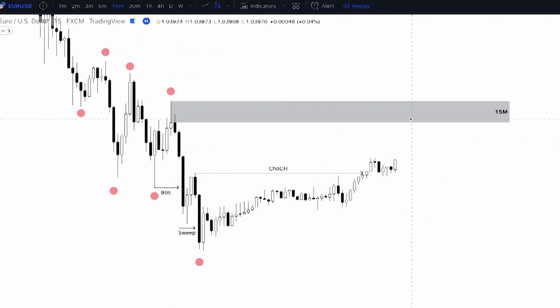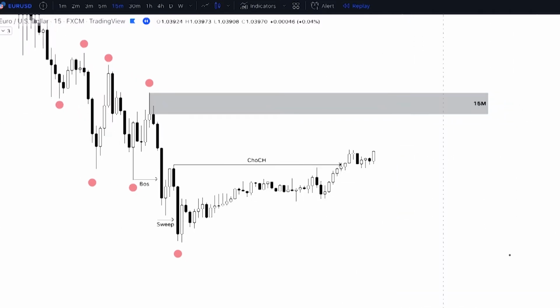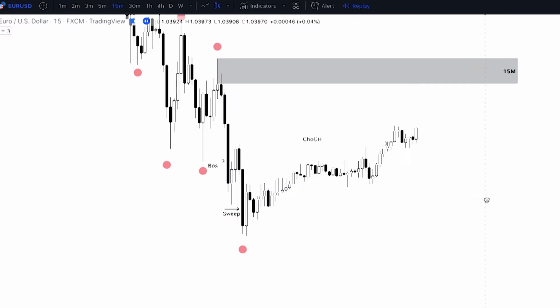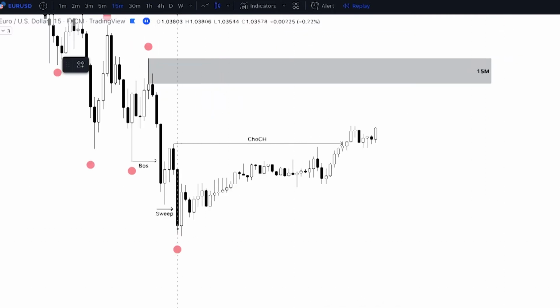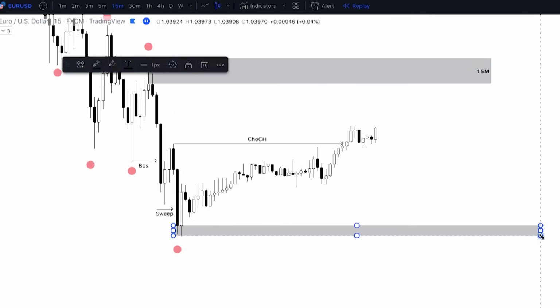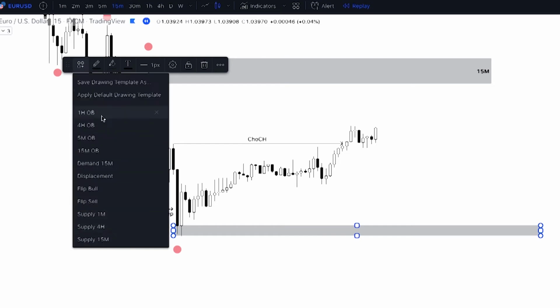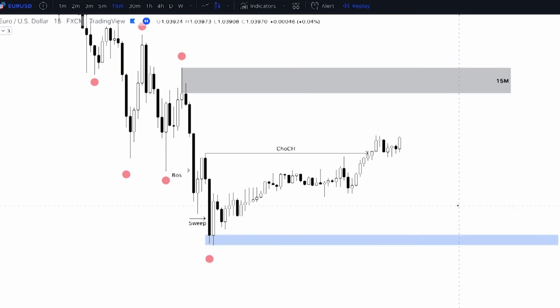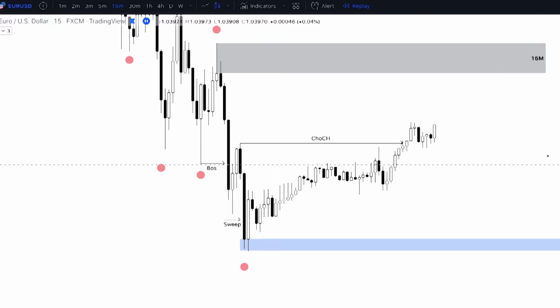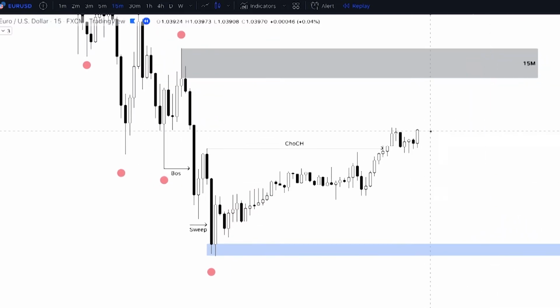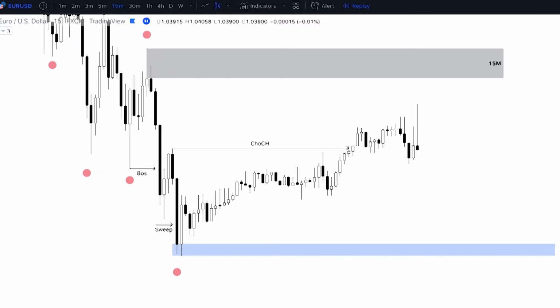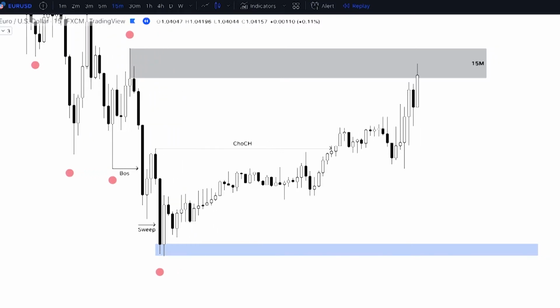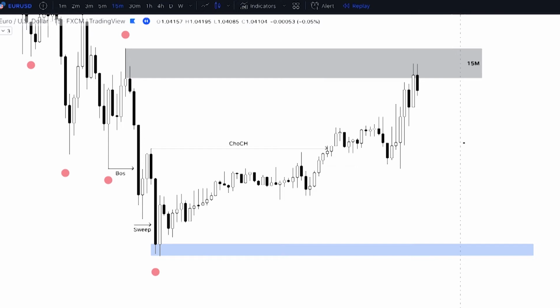Now if price taps into our zone, we will search for some confirmation, and we will try to achieve the target. So this is a demand. Now let's see if price gets tapped in or not. Okay, so we tapped in.